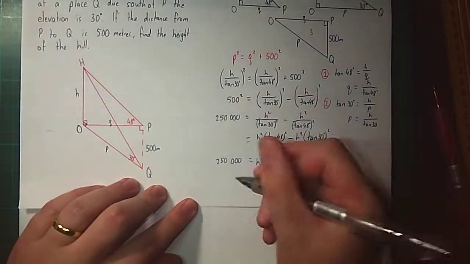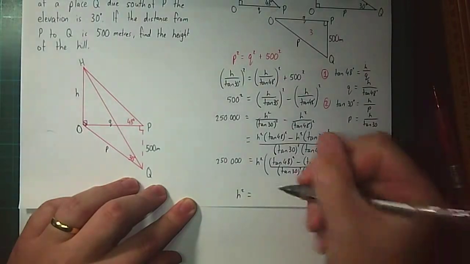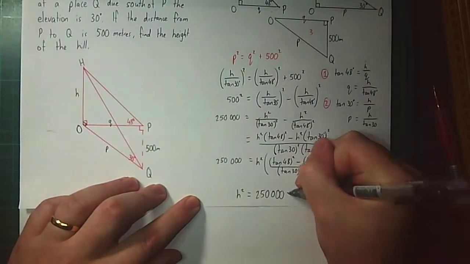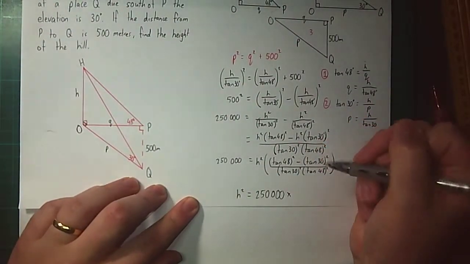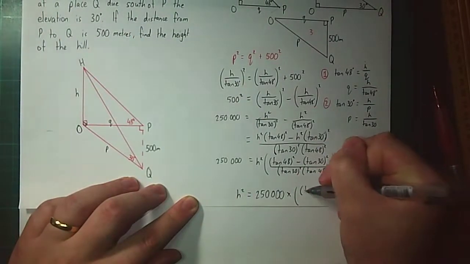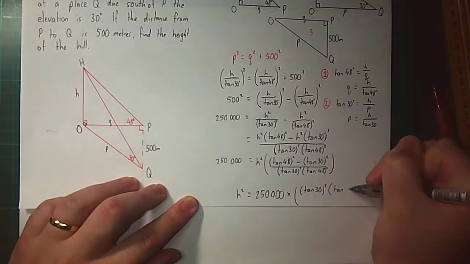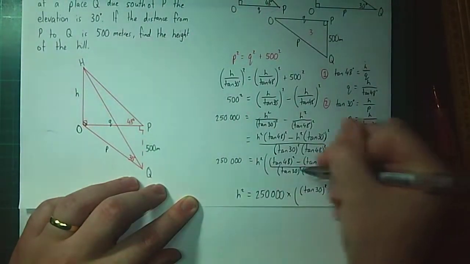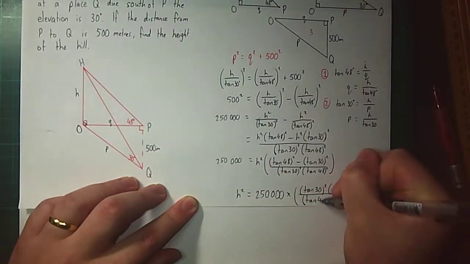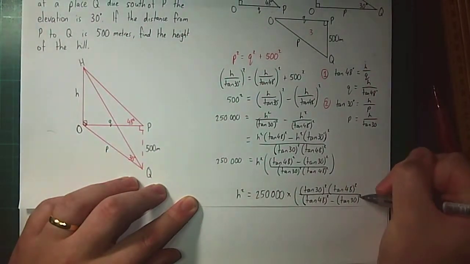We're going to have H squared is equal to 250,000 multiplied by the reciprocal of this, which is the same as dividing by this. So I'm going to multiply it by tan 30 squared, tan 48 squared, which is what's on the bottom here, all over what's on the top: tan 48 squared minus tan 30 squared.